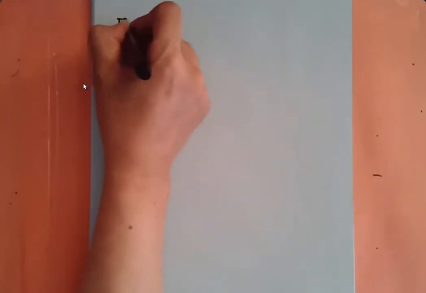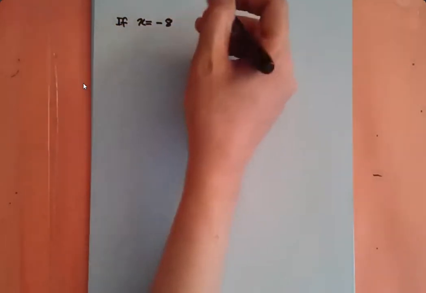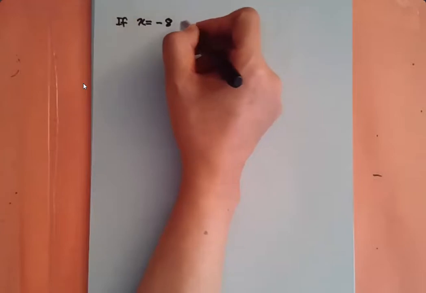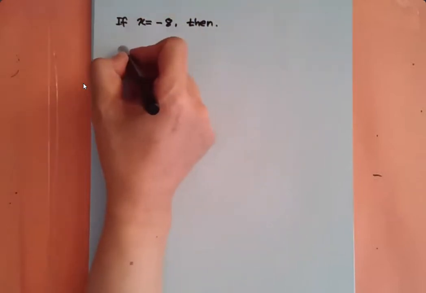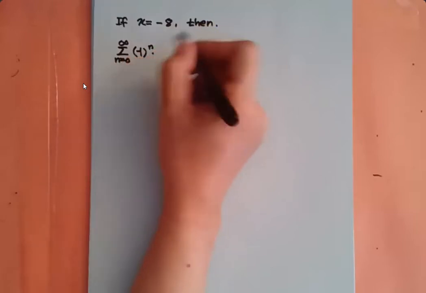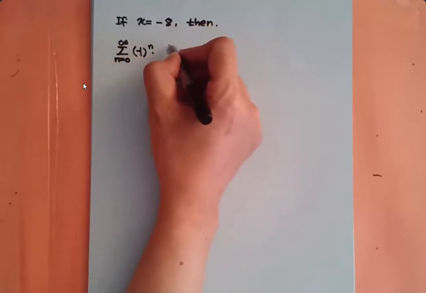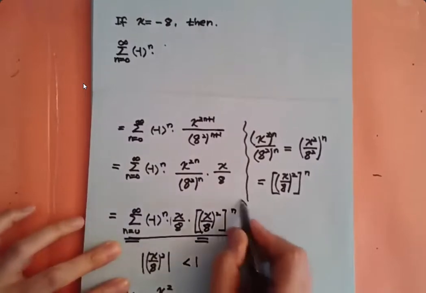So if x equals minus 8, then we think about the summation n equals 0 to infinity, negative 1 to the n power, and x is negative 8, so we are plugging that in here.